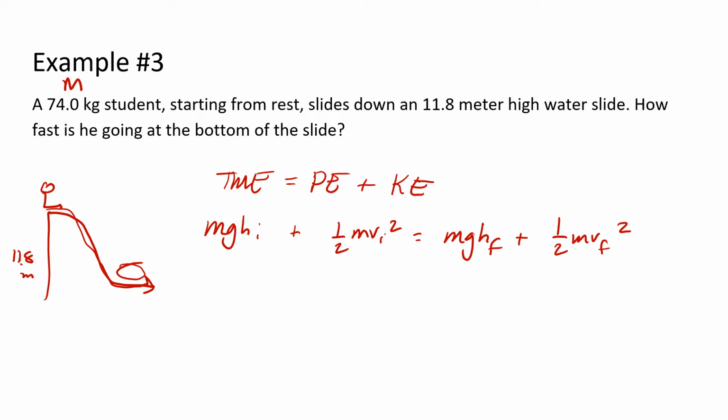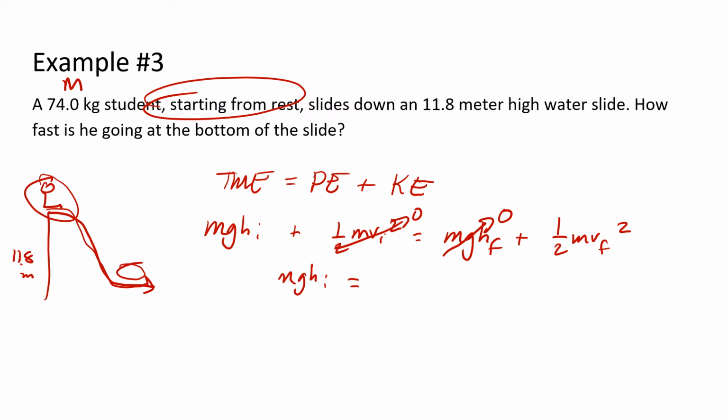In the initial part up here, my velocity is 0 because I'm at rest, so this is gone. When I'm at the bottom of the slide, my height is 0, so this is gone. All I'm left with technically is m g h_i equaling half m vf squared.